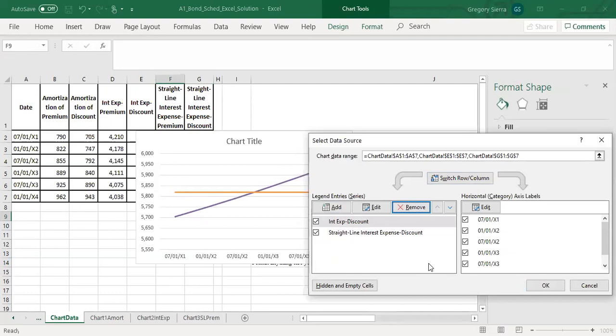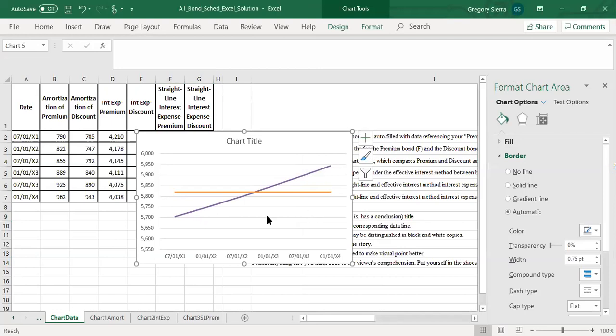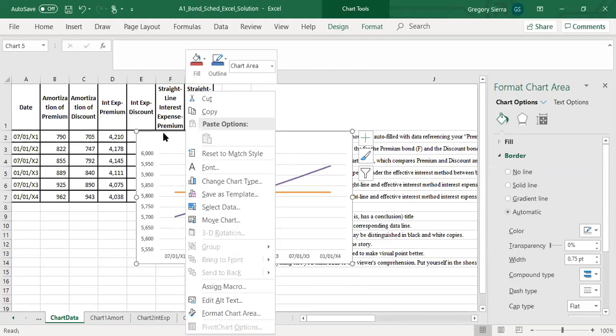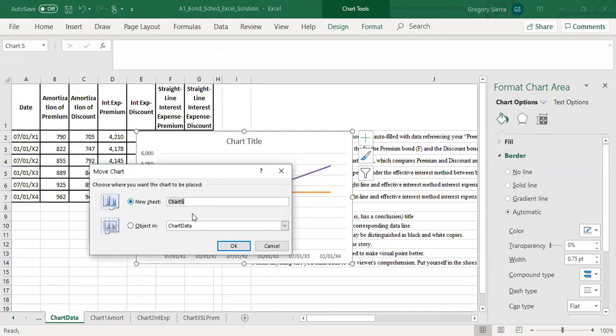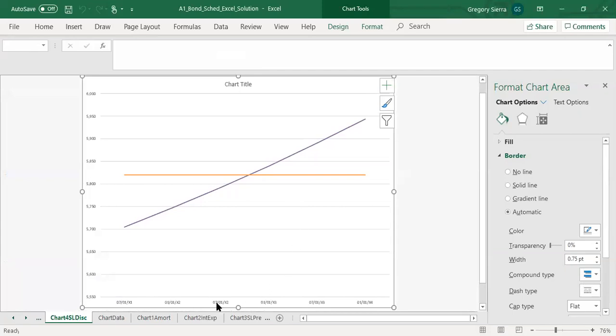Holy cow, those are like LSU colors. Those are crazy. And that's good to start. Move chart. New sheet. Chart 4 SL discount. Okay, and here we are.